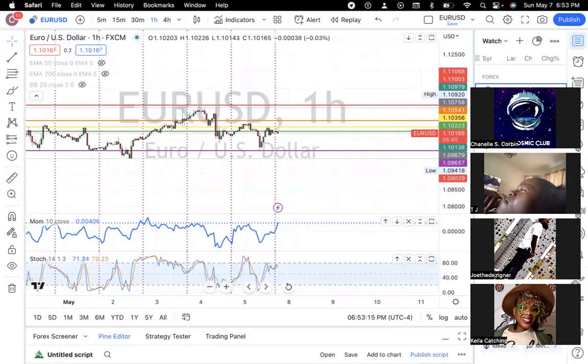Then we have the 1 hour, that's going to be 25 to 40 pips. And then anything below that is scalping. Any pips. Choose your poison. All right, there we go.